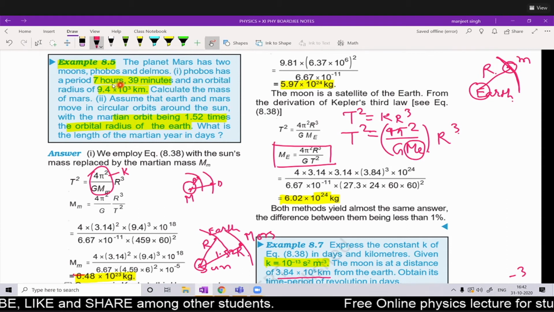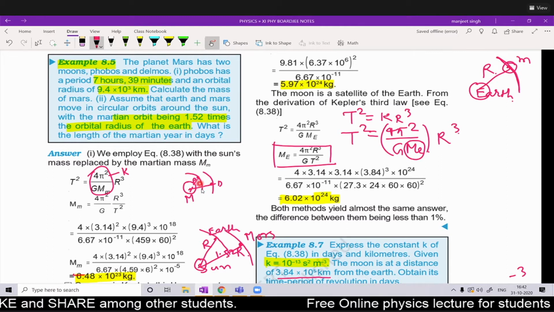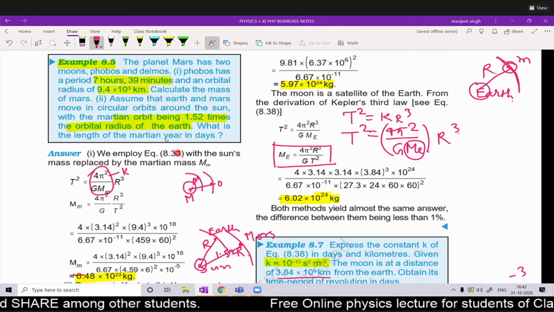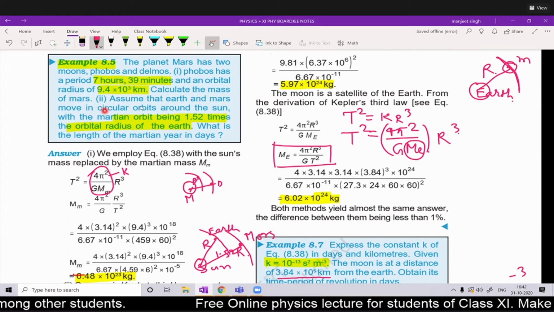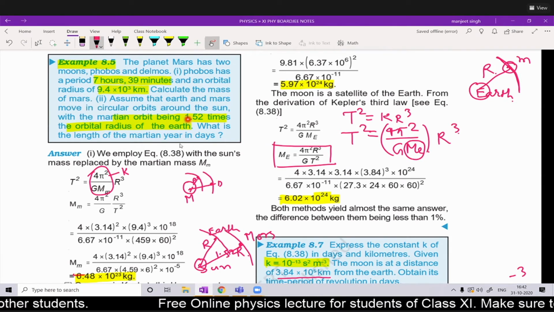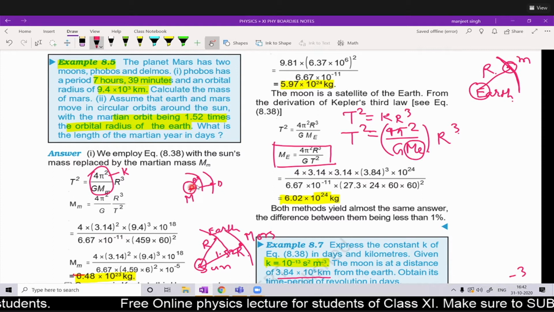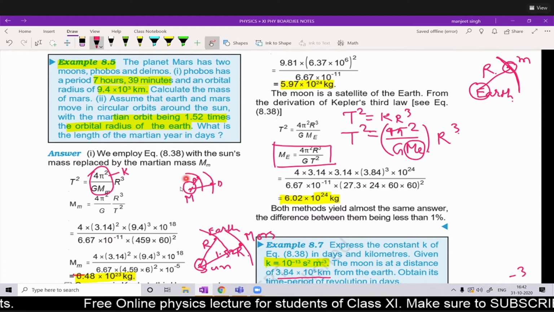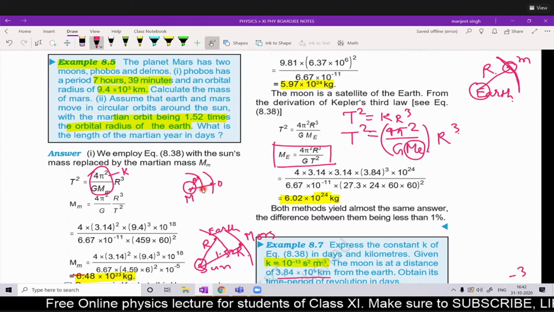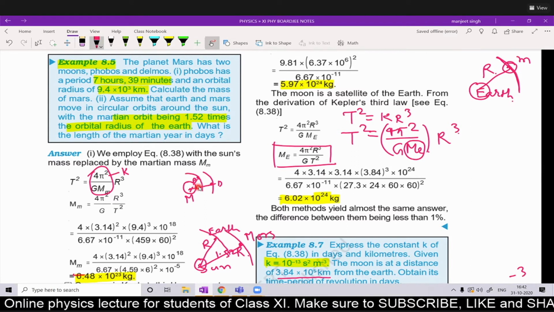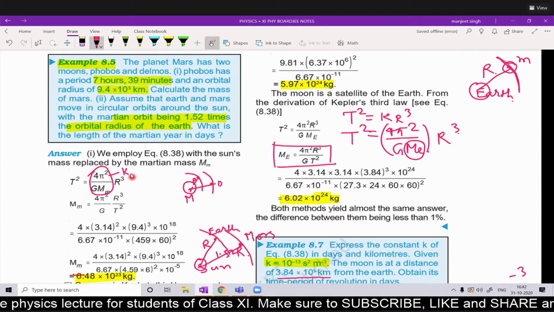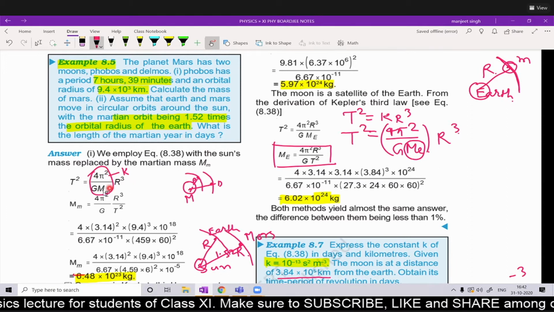Phobos has a time period of 7 hours 39 minutes. This one has a time period of 7 hours 59 minutes. And the radius is also given for that. For Phobos, calculate the mass of Mars. So we have to calculate the mass of Mars, around which Phobos is revolving as a moon. So we will apply Kepler's third law. T square is equal to K R cube, where K is equal to 4 pi square upon G Mm.